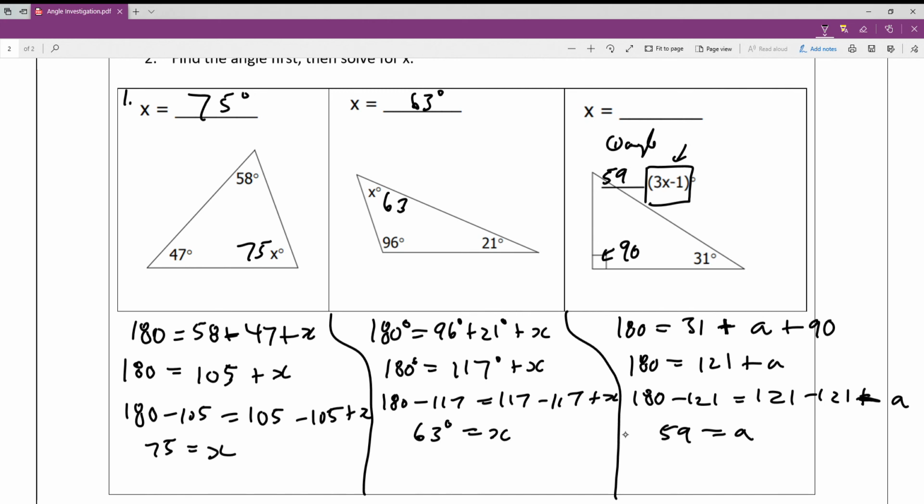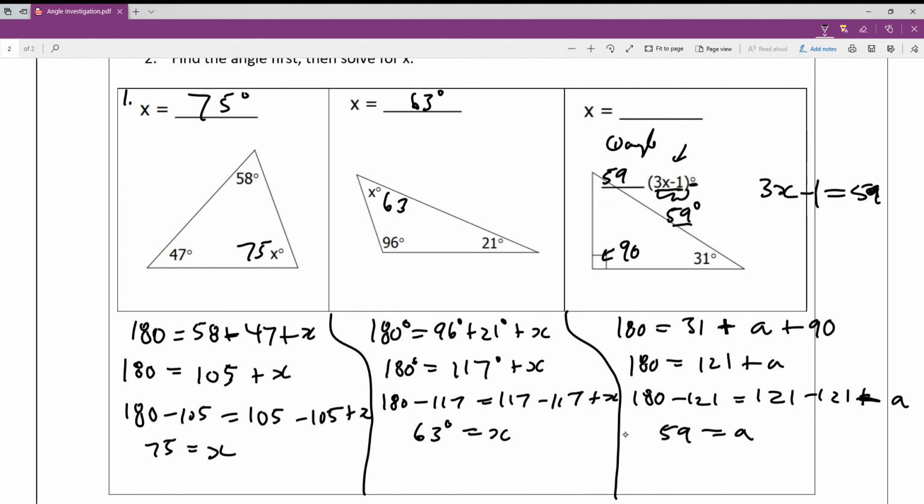But in the question, it's asking for x. They're saying this here is 59, right? Because the degree sign is there. So 3x minus 1, right, is equal to 59 if we want to write it down mathematically, because this is equal to 59, and because the degree sign is right there.